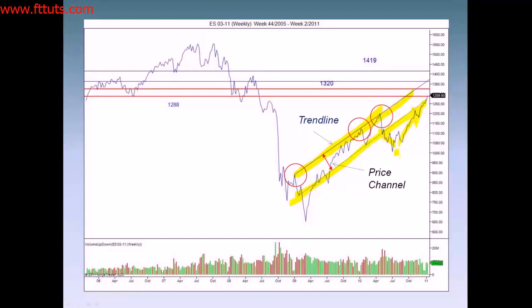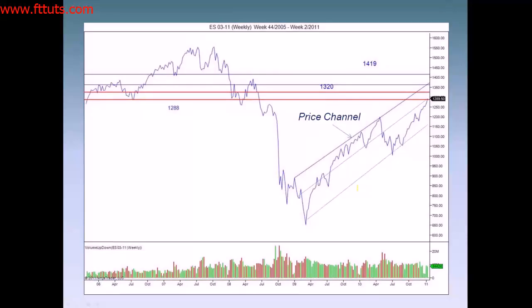Now, you notice that prices came out of this original channel, and in doing so, they actually created another, bigger channel. So we have 3 lines: a lower, a middle, and a top line. And they give us a wider channel for price to move in.